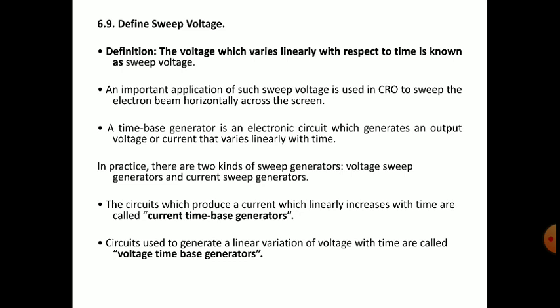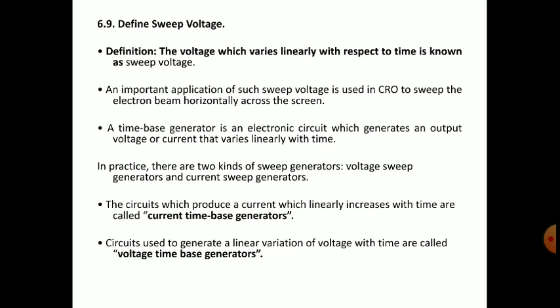A time-base generator is an electronic circuit which generates an output voltage or current that varies linearly with time. So how the sweep voltage is generated is by a circuit, the time-base generator circuit. It is time-based because the voltage we get at the output should vary linearly with respect to time.